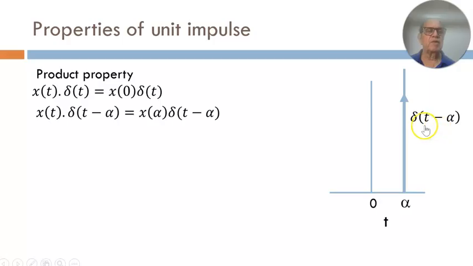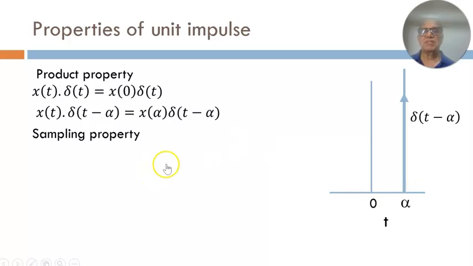In this case, we are assuming that it shifts to the right by alpha seconds. In that case, just as we have discussed, if we take the product of x(t) and delta(t minus alpha), you will still get an impulse function, but now its strength is x(alpha) and no longer unity. Alright, so that is the product property.